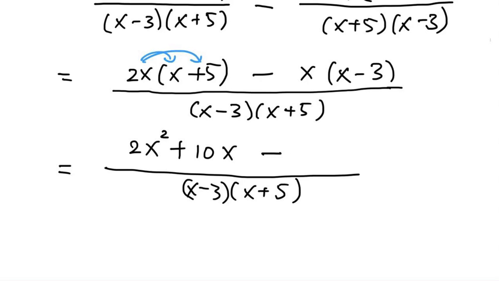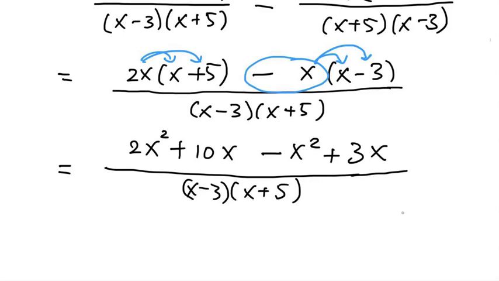And then subtract the product of, we have to multiply negative x by x and negative x by negative 3. And that's going to give you negative x squared first, and negative x times negative 3 is positive 3x. Okay.